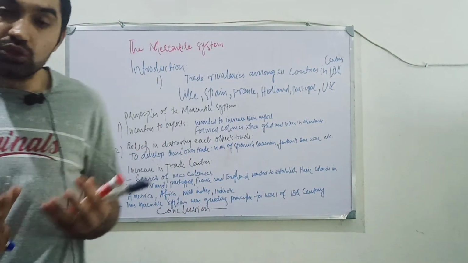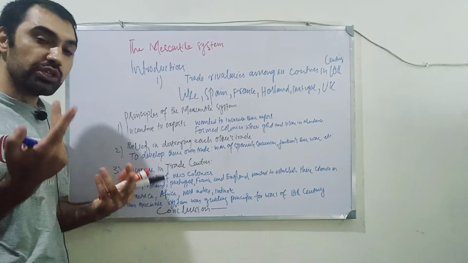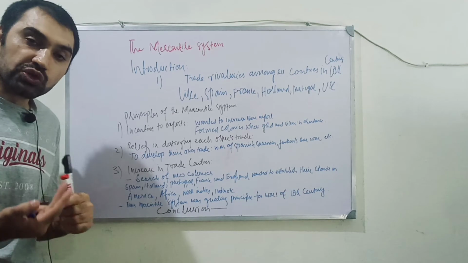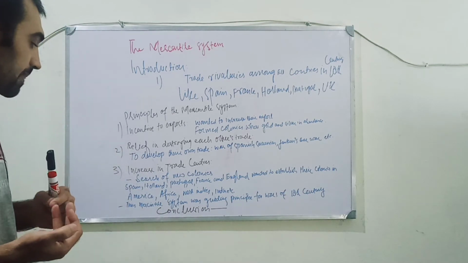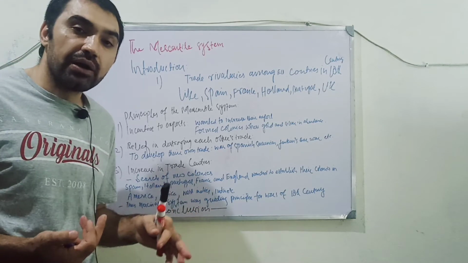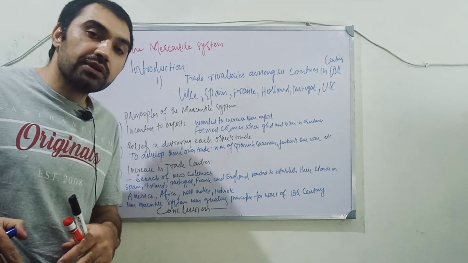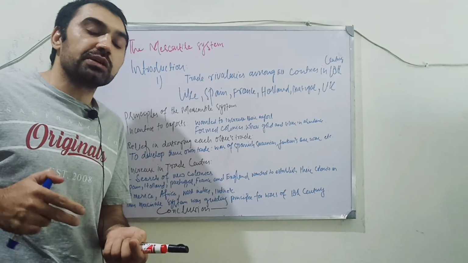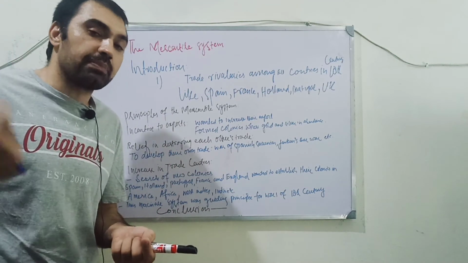These powers established new colonies in America, Africa, the West Indies, India, some other parts of Southeast Asia, and even in some parts of the northern African countries.